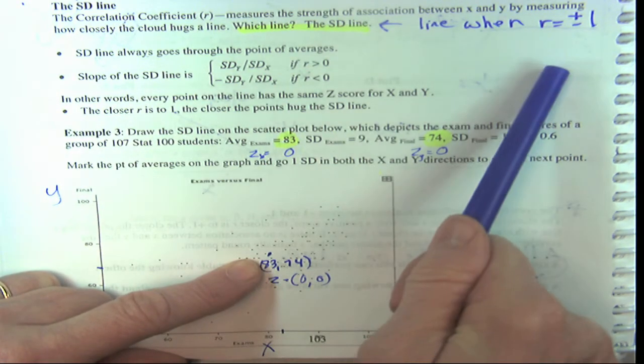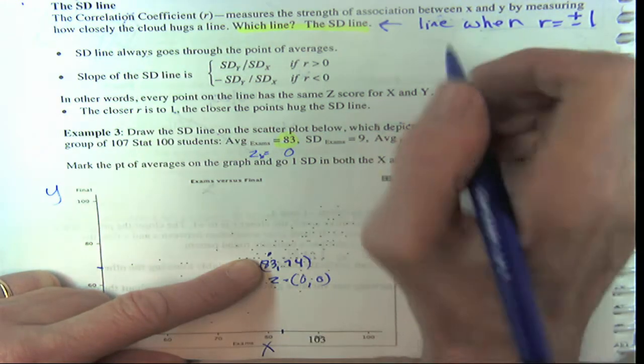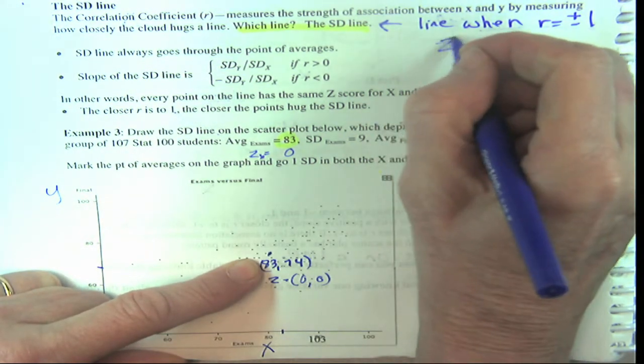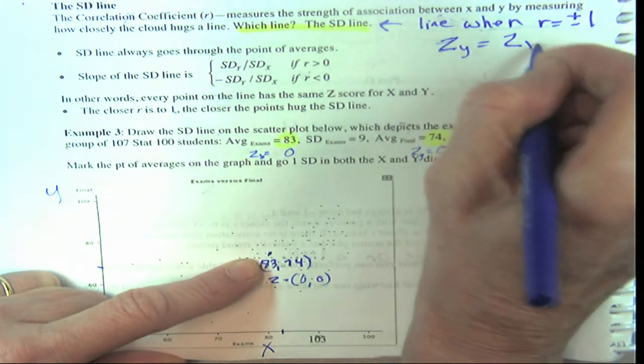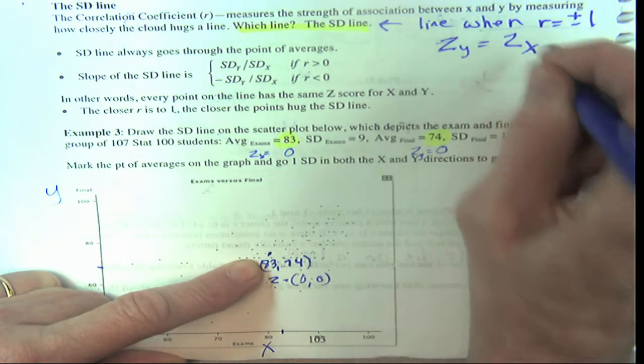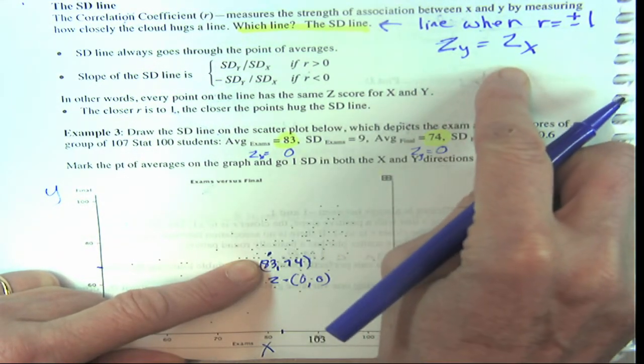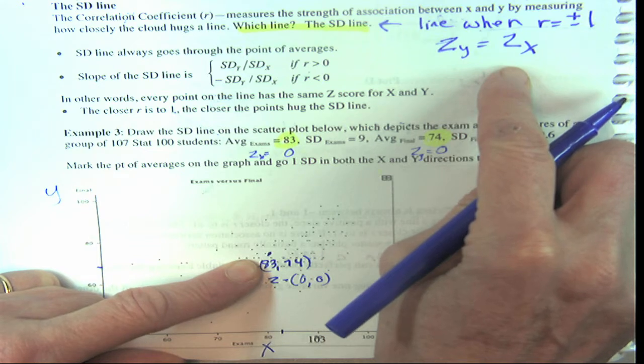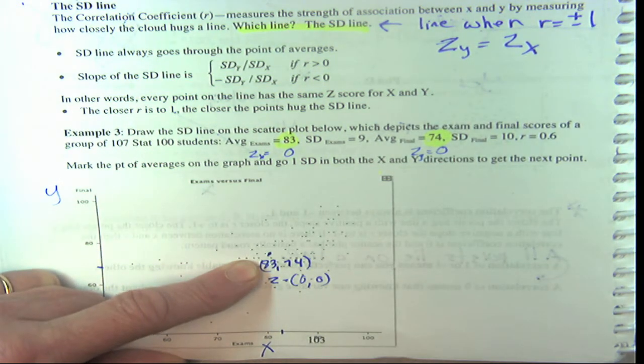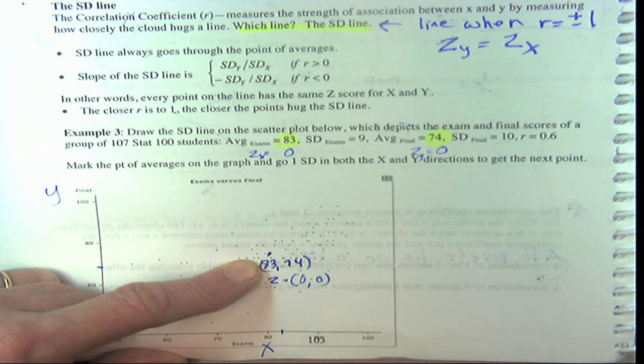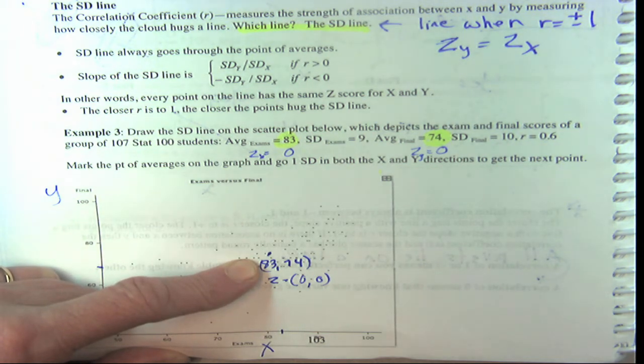Now when there's a perfect correlation, what that means is that zy is equal to zx. Those two are equal. That's what a perfect correlation means. It doesn't mean your exam score and your final score are the same. It means however much above average you are on one, you're exactly that much above average relative to everybody else on the other. Does that make sense to everybody?